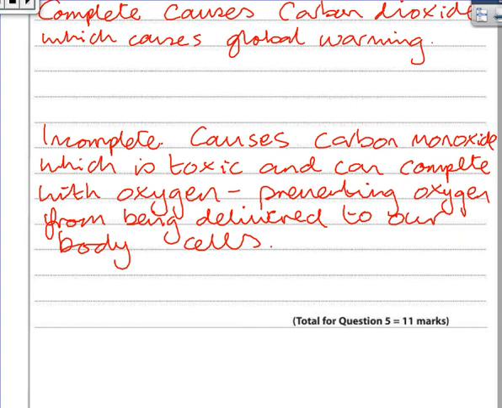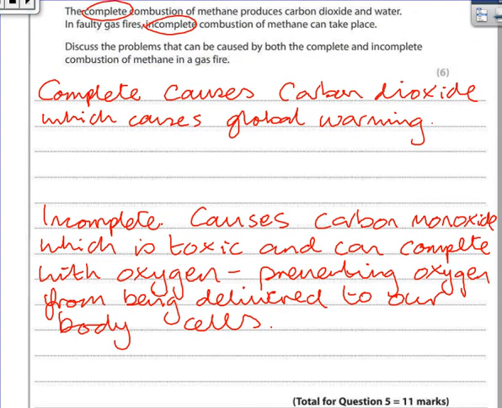So for getting our marks, to know that it causes carbon dioxide and carbon monoxide, that's 2 marks. This causes global warming, and to know that this is toxic and how it prevents the oxygen getting around our body is 5 marks.